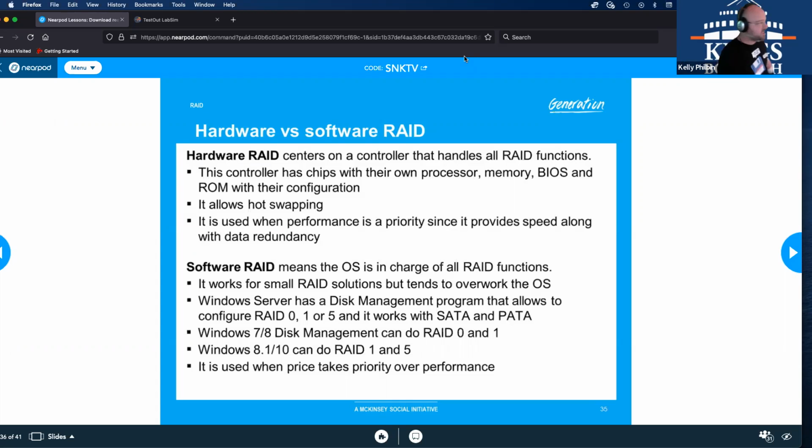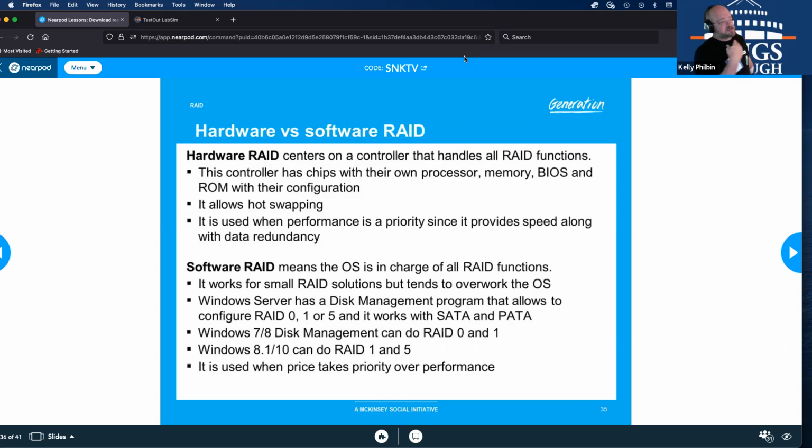It works very quickly and allows for hot swapping. The controller itself has its own processor, its own memory, its own BIOS and ROM, so it works independently. The information gets pushed to it and it does all the work from there. You use this because it's more expensive, but higher performance.